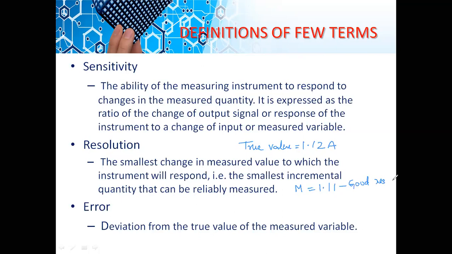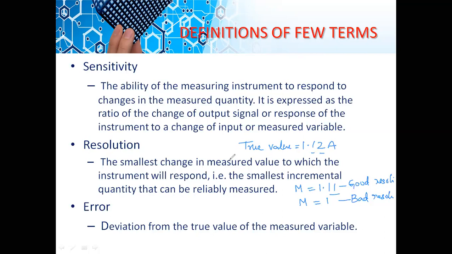If resolution is not good, then your meter reading is just going to show 1. This means it's a bad resolution. That means resolution is not up to the mark. So even the smallest change in the measured value to which the meter or instrument will respond is called resolution. That means even for 0.12, the meter responded, and so it has recorded 1.12 or 1.11.